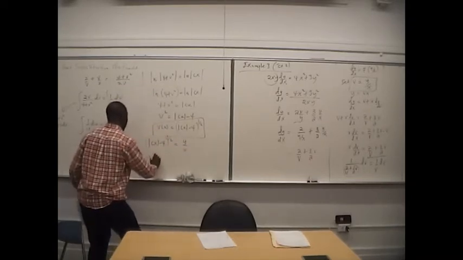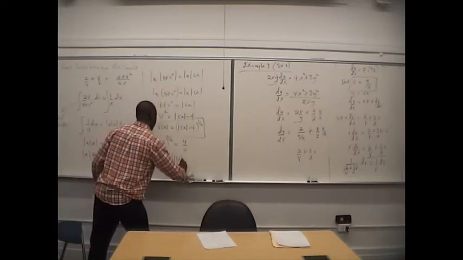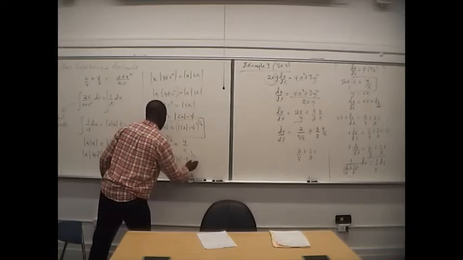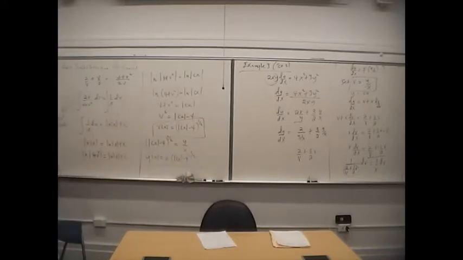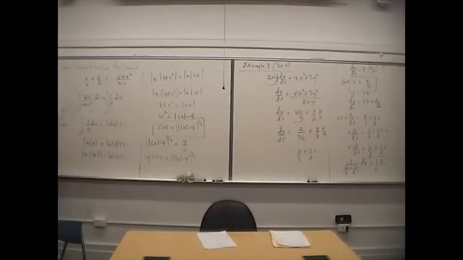And so my y of x is just x times the absolute value of cx minus 4 to the 1/2 power. So here I've used my change of variable to get that.